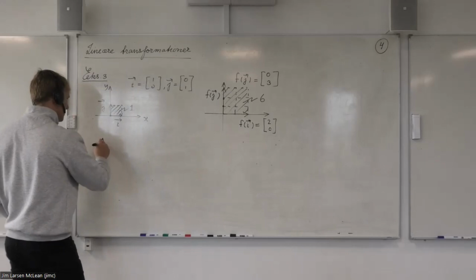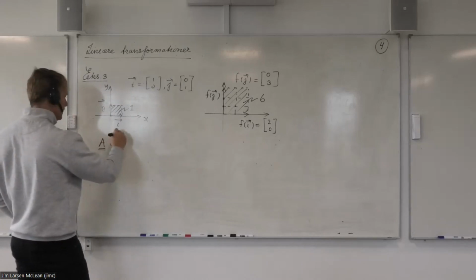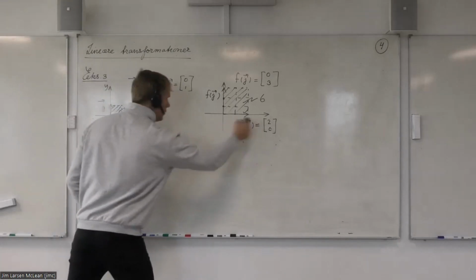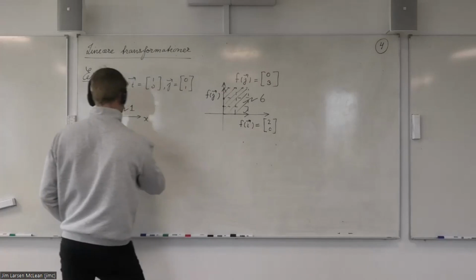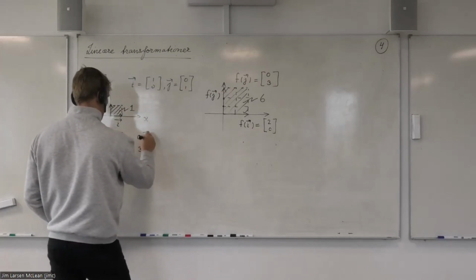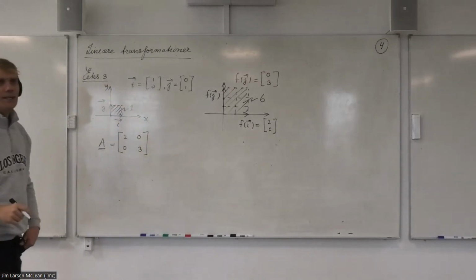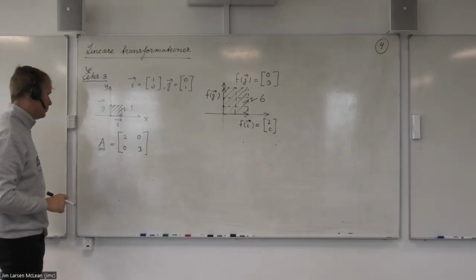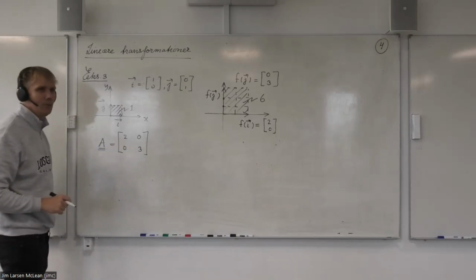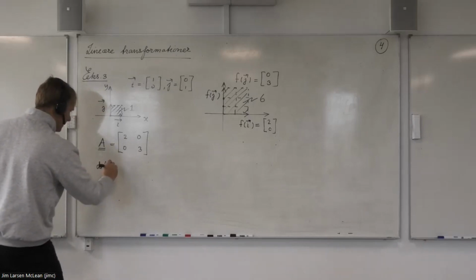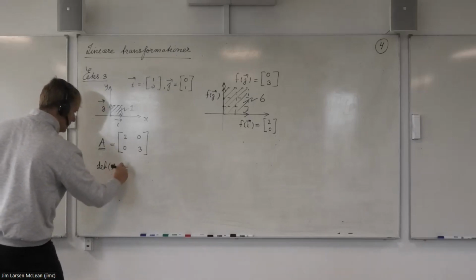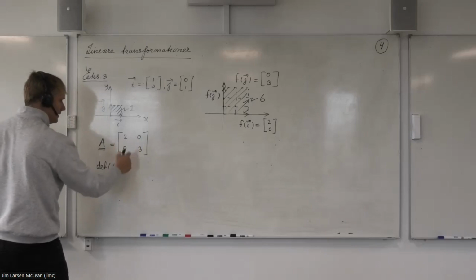So my transformation matrix A, for this transformation, has (2, 0) as the first column and (0, 3) as the second. Now notice something interesting. What do you get if you calculate the determinant of the matrix? If you calculate the determinant of this transformation matrix, you get this times this minus that times that.